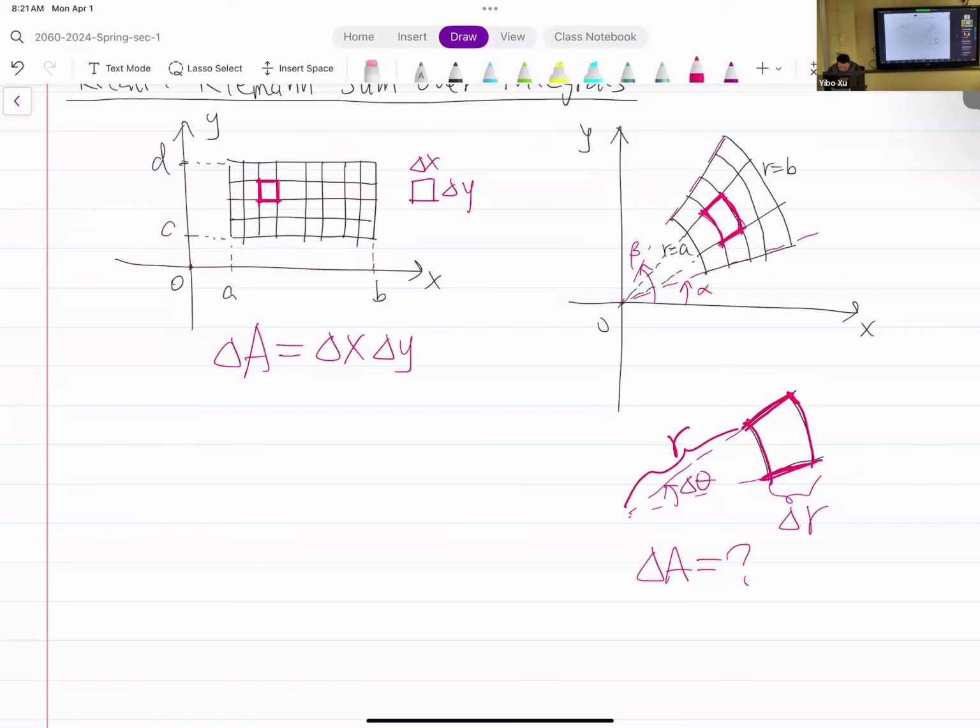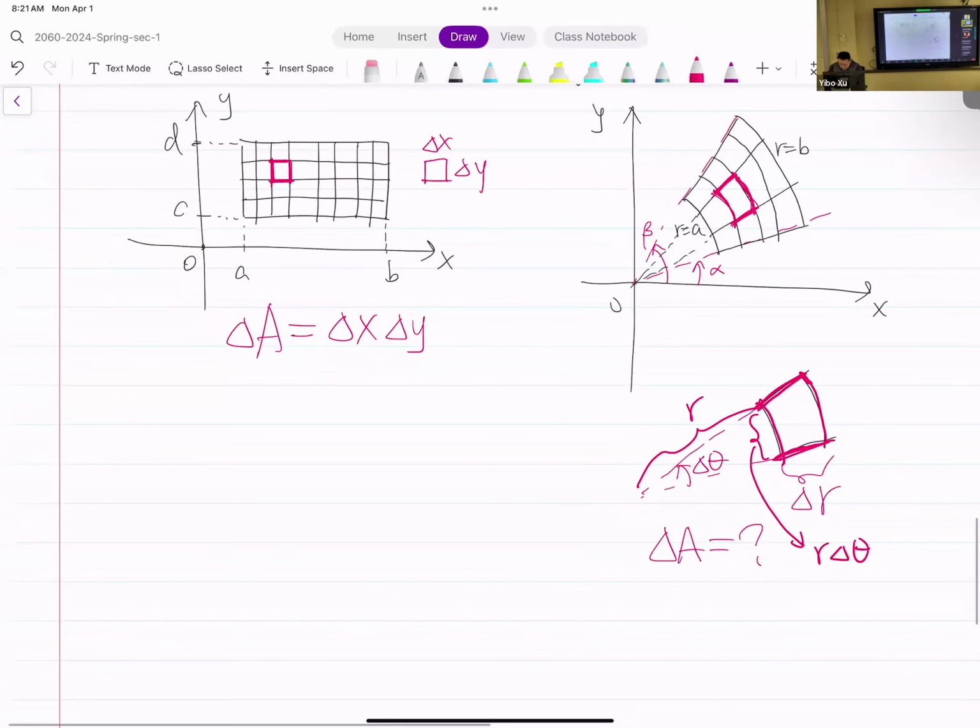This is a radius r, and then we have the angle delta theta. So this arc is the radius times the angle. Let me write it down here: this is r delta theta. Basically the length of the arc facing the angle is that angle multiplied by the inner radius.